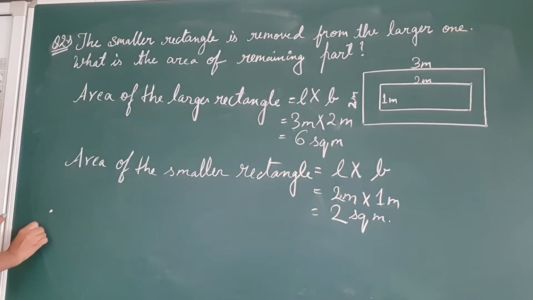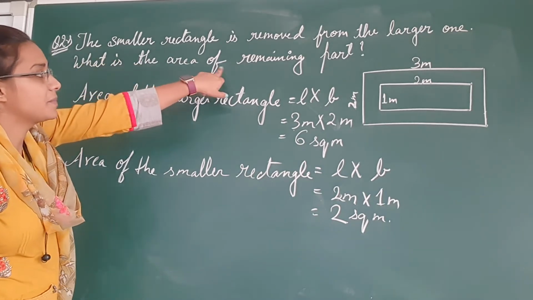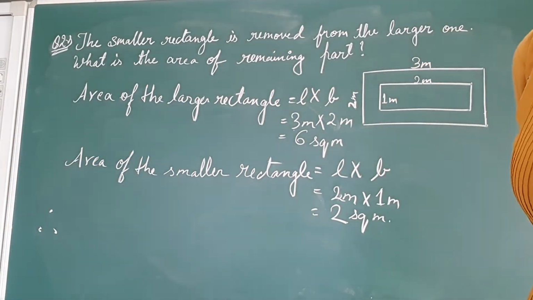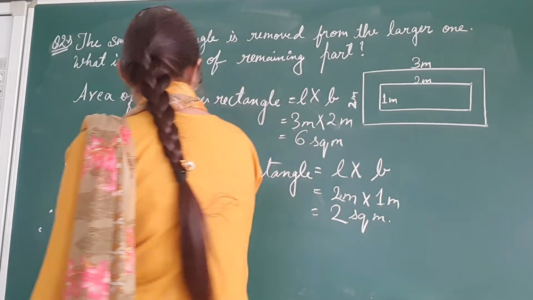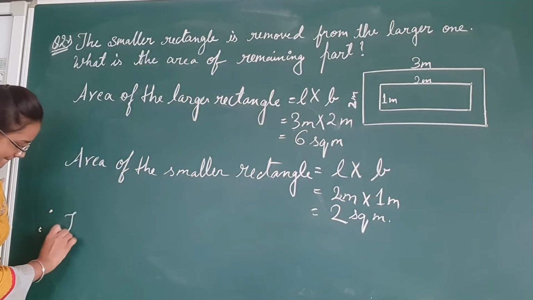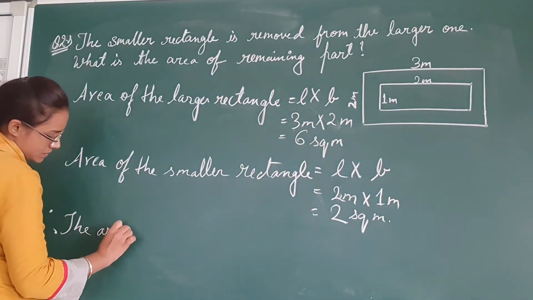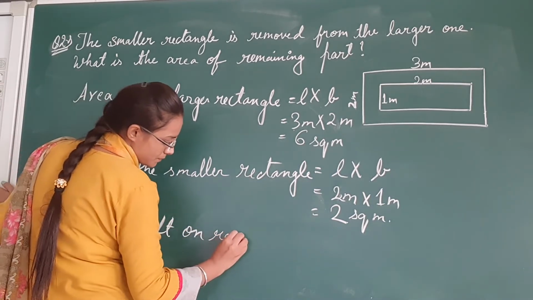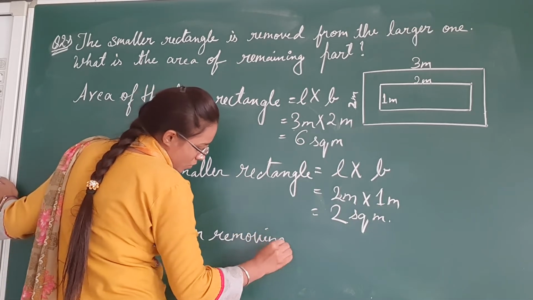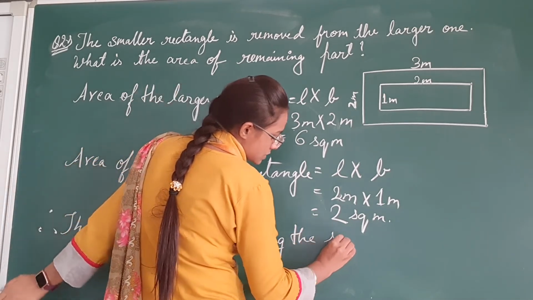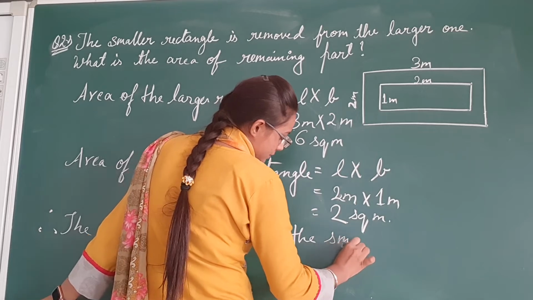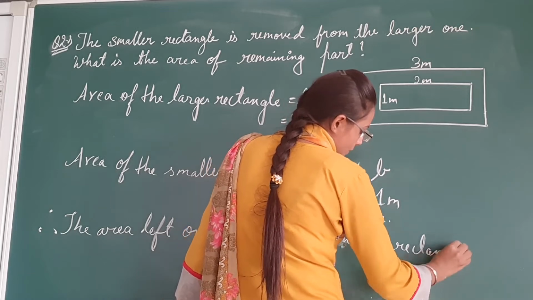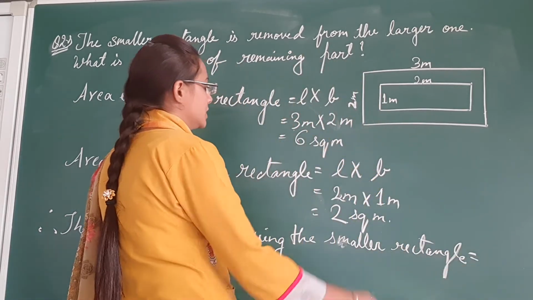Therefore, now we have to take out the area of the remaining part. So we will write here that the area left on removing the smaller rectangle is equal to this minus this.